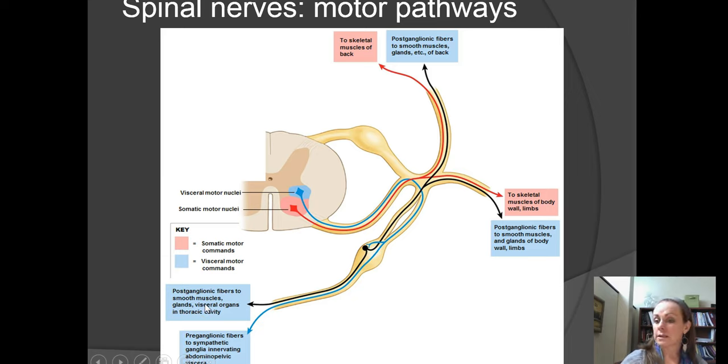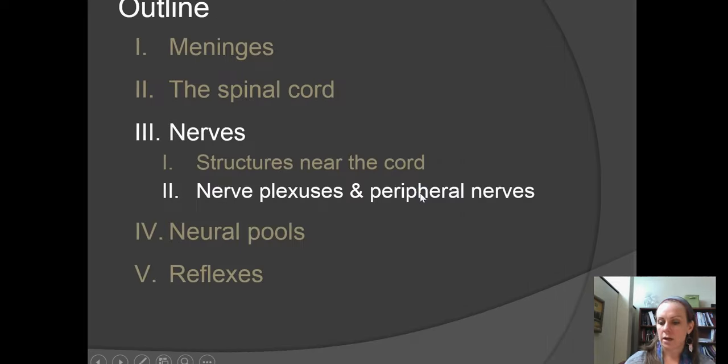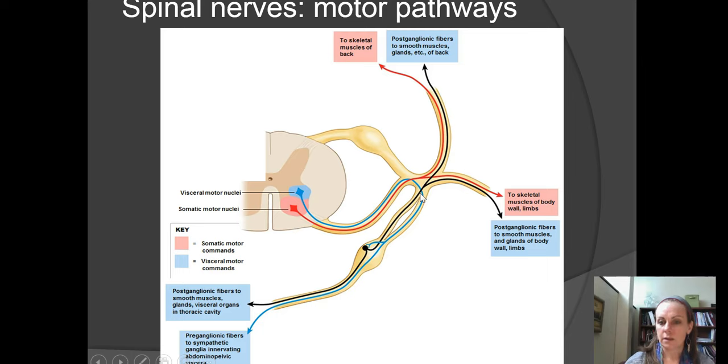Now let's say instead that we want to send a motor command to the sweat glands on the front part of your belly. We start off the same: lateral gray horn, ventral root, spinal nerve. But remember, we always make a stop in the sympathetic ganglion. So following the blue neuron, we're going through the communicating ramus to the sympathetic ganglion.